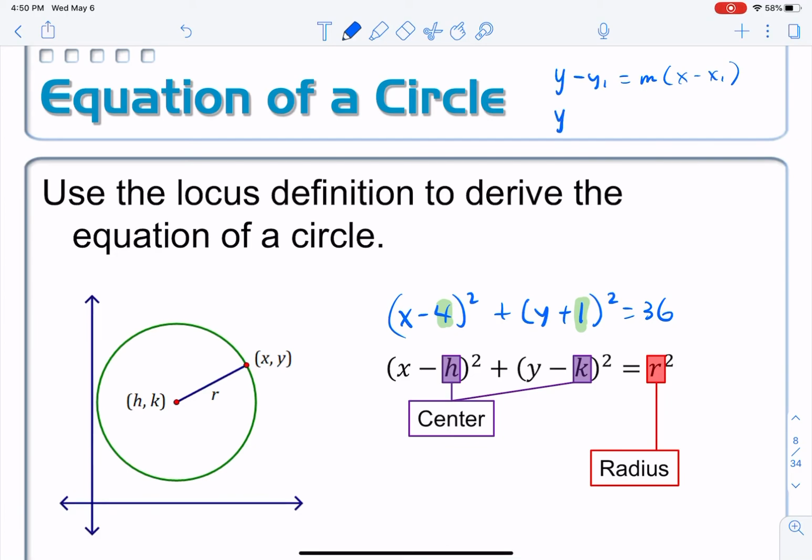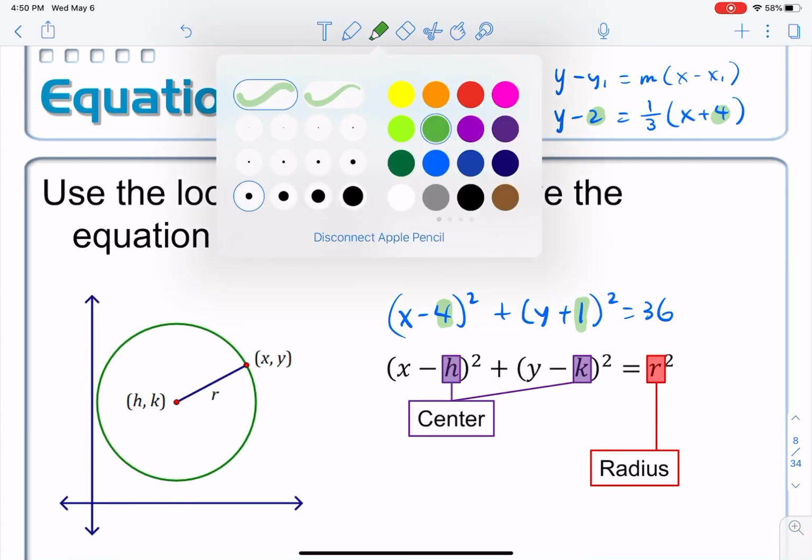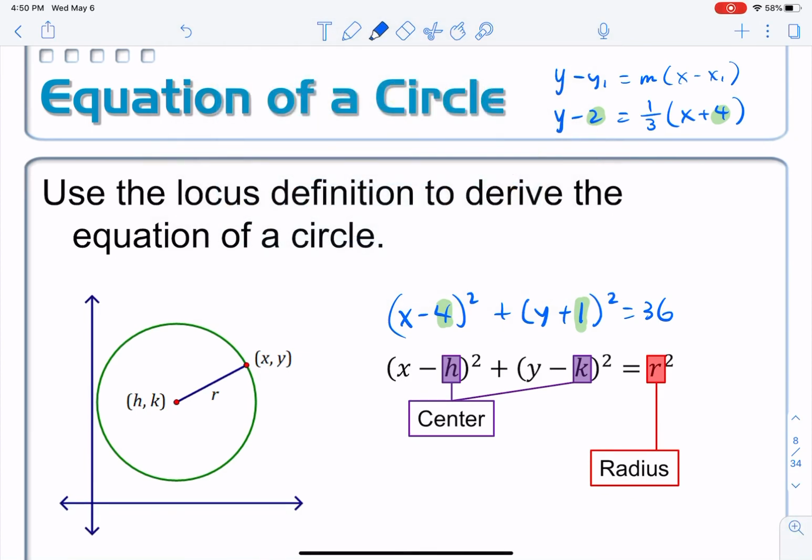If I were to, let's make something up, y minus 2 is equal to some sort of slope like a third, times x plus 4, then the point that this goes through has something to do with 2 and 4, right? Except it doesn't have those same signs.